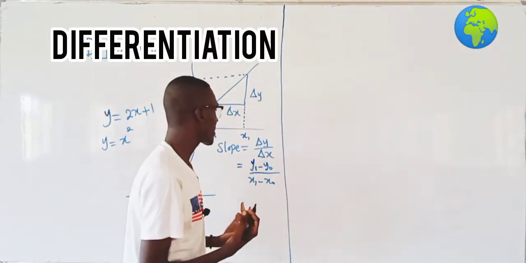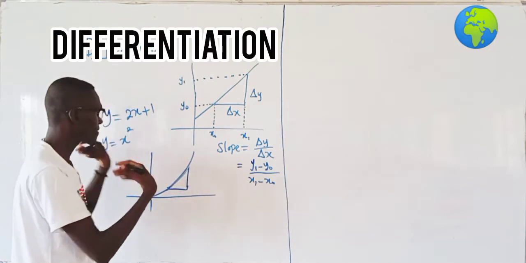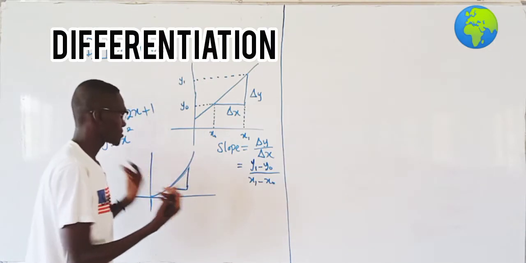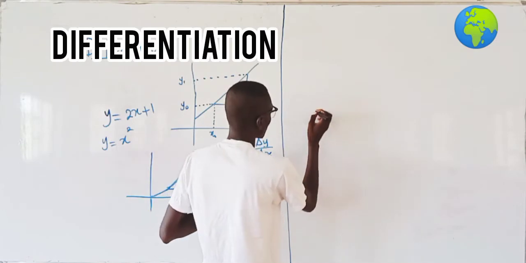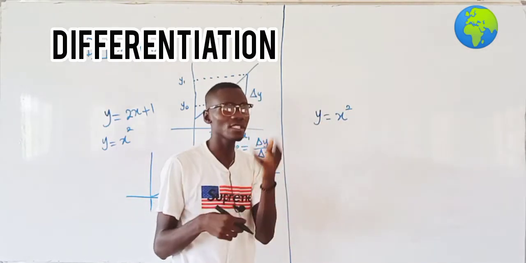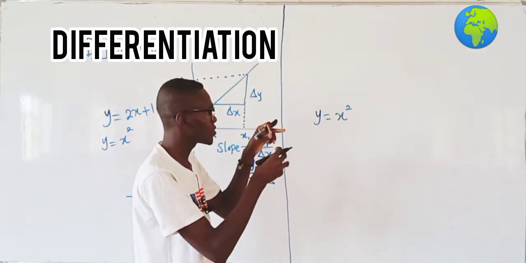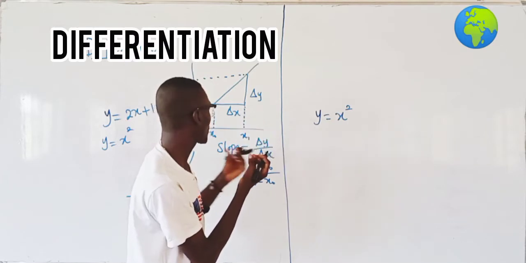Without wasting much of our time, I'll go straight to explaining how to differentiate directly. For y equals x squared, if you are told to find the derivative function, such that if I differentiate this and substitute a certain value, it gives the slope of the curve at that point.